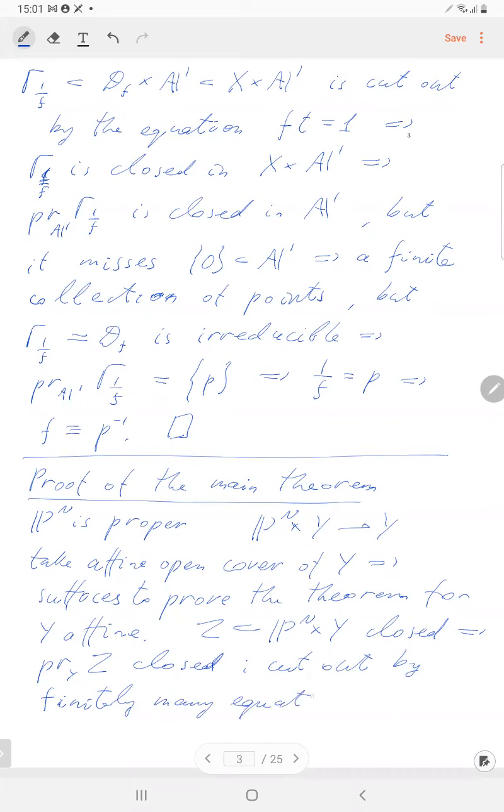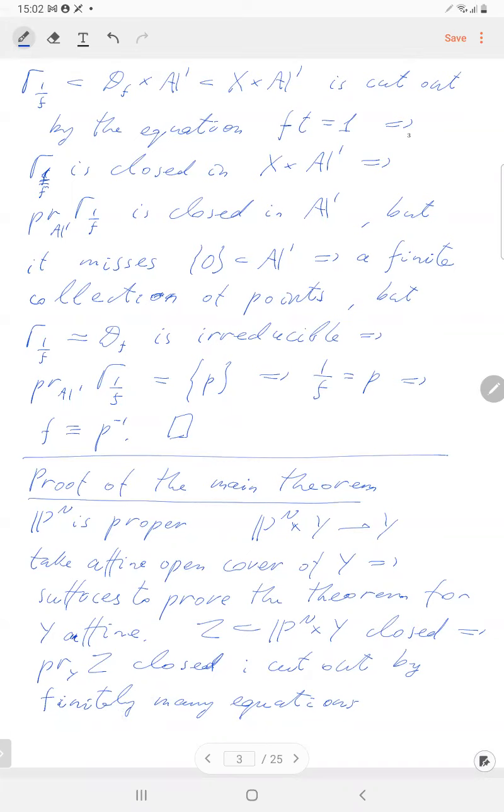Why is finiteness important? Why can't there be infinitely many, for example? Well, by the Noetherian property, it is automatic. By definition, we can use not global functions but some local functions, but now I assume that Y is affine, so the closed subvariety is given by some global equations, and in fact it suffices to use finitely many.